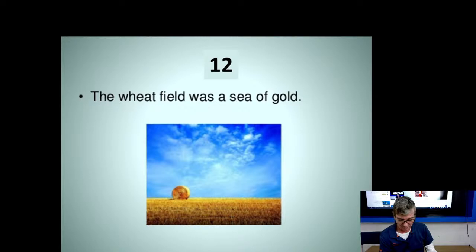The wheat field. So this is wheat or hay. So the wheat field was a sea of gold.